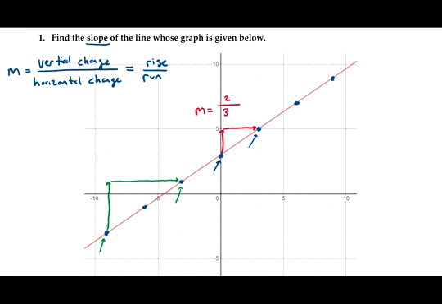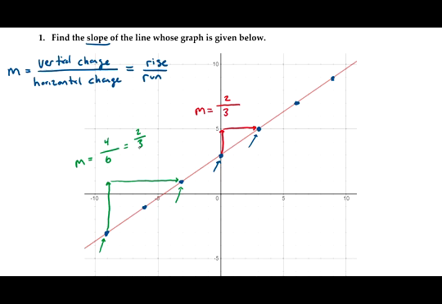So the rise, or the vertical change, is 1, 2, 3, 4 units up. So the slope would be a vertical change of positive 4, and 1, 2, 3, 4, 5, 6 units to the right, so positive 6 in the x direction. The fraction 4 over 6 reduces to, again, 2 over 3.